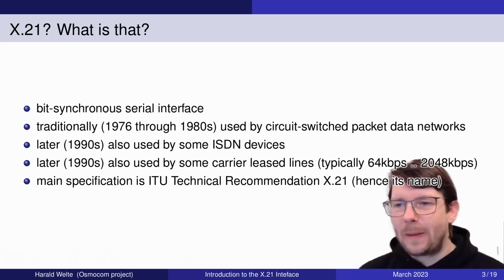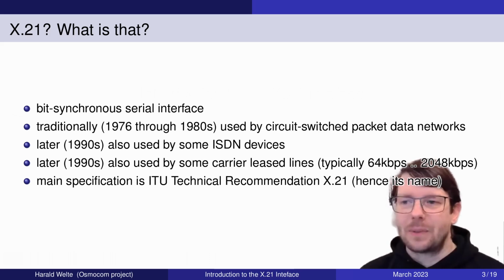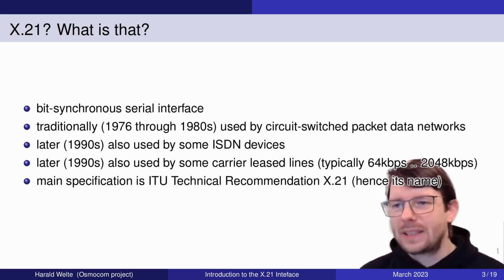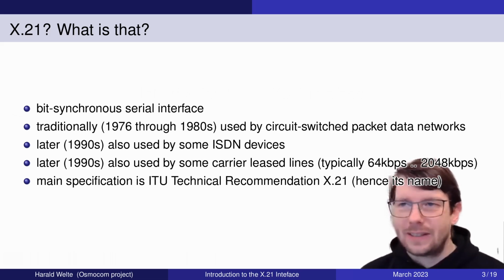The operator would then put some data communications equipment at your site, and the user interface to that is X.21. That's the reason why you can find X.21 interfaces on a lot of Cisco and other competitor router devices of that era, so that you can use these data links, which were provided as synchronous serial interfaces, with X.21. The main specification is ITU technical recommendation X.21, and hence the name.